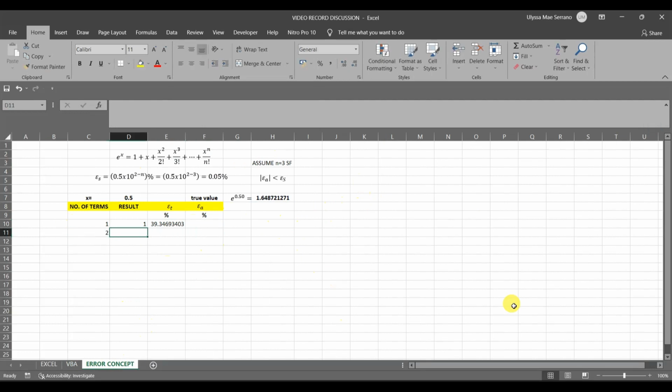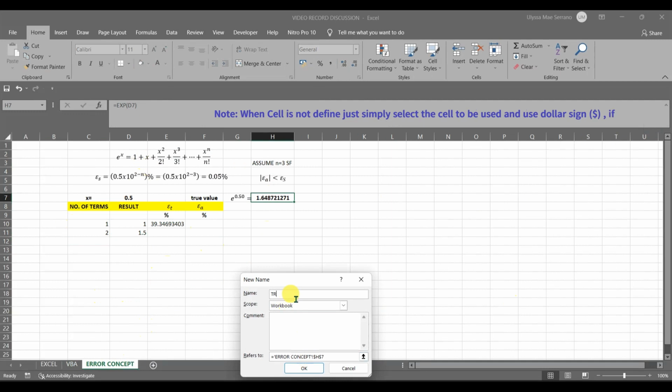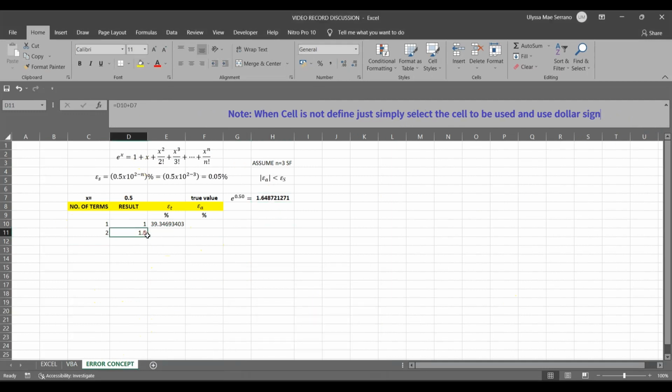So, for the second estimate, this would simply be the single term plus the value of x. And x is equal to 0.5. And same process. So, let's define this as true value. Let's have here e^0.5. So, meron tayong e^0.5.